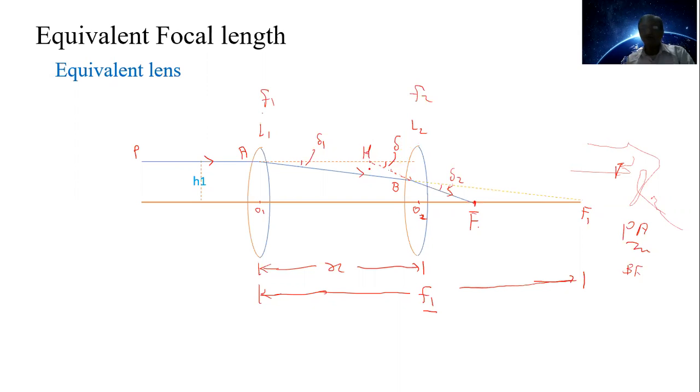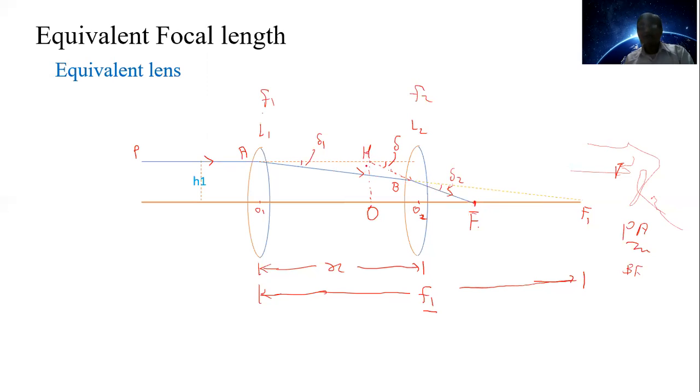Now see here, if the lens is placed in this position, suppose HO, that will produce the same effect as these two lenses combined. Means we are getting the focus point here at point F for this combination.